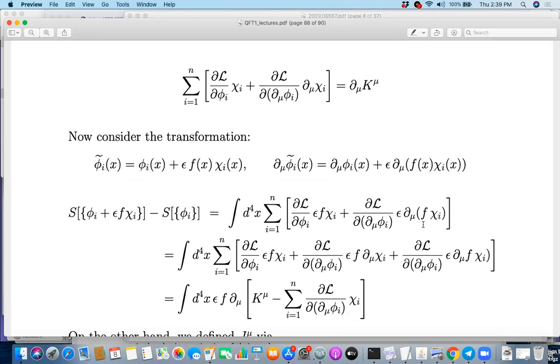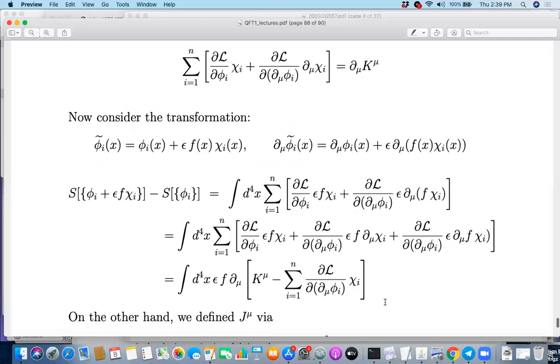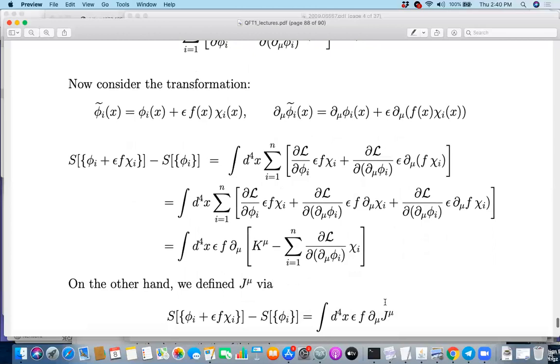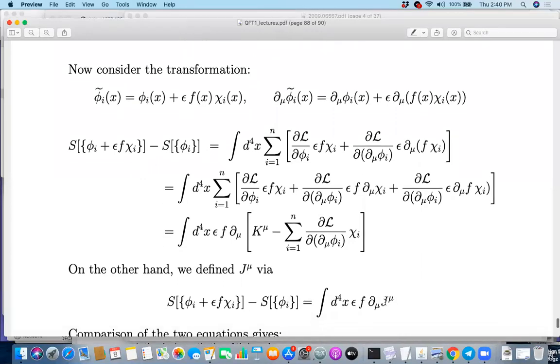The last term has been manipulated just by using one integration by parts. Is that clear? No question?